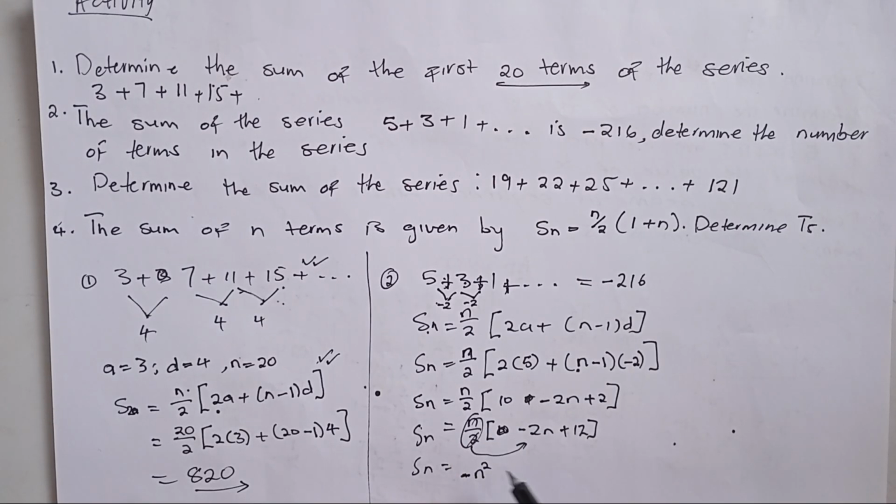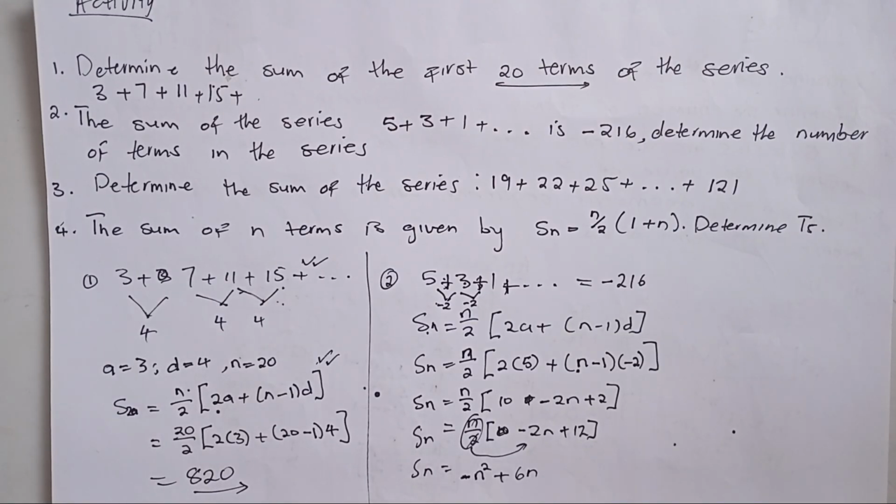And then n over 2 multiplied by 12, we're going to have 6n, right? So this is what we are going to have.